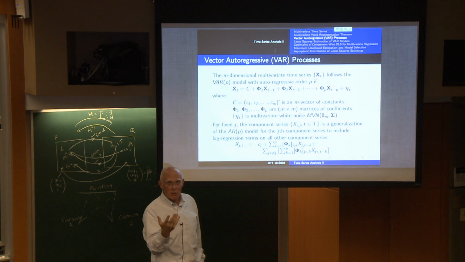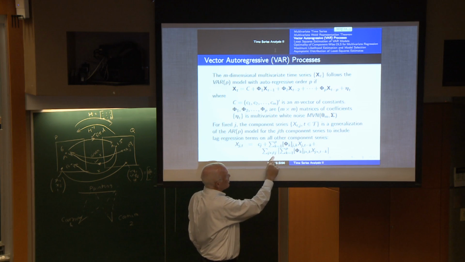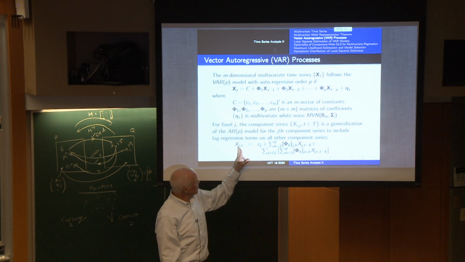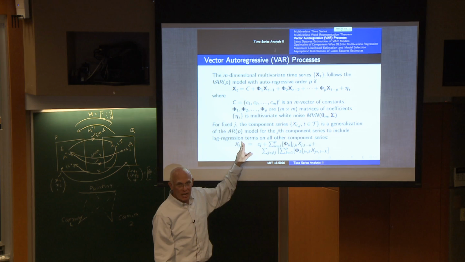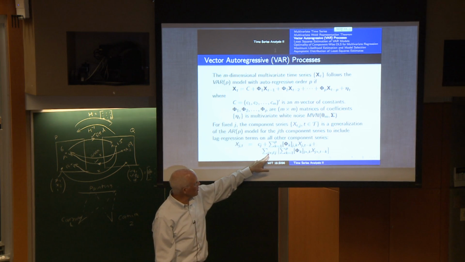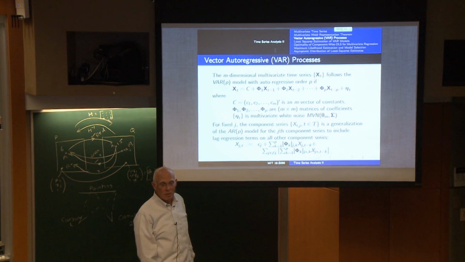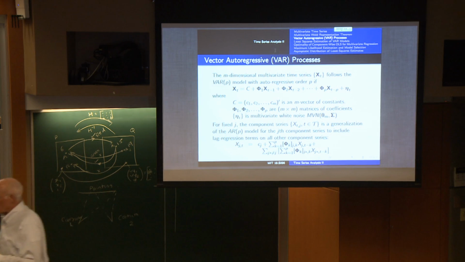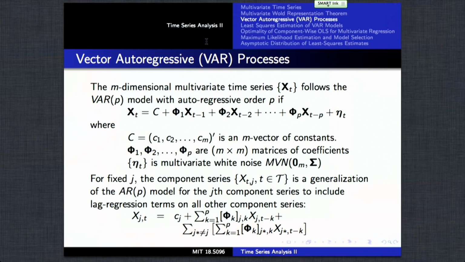So we have the univariate autoregressive model. But we also add to that terms corresponding to the relationship between Xj and Xj star. So how does Xj, the jth component, depend on other components of the multivariate series? And those are given here. So it's a convenient way to allow for interdependence among the components and model that.